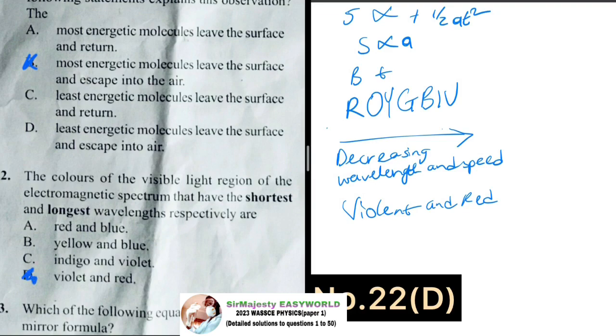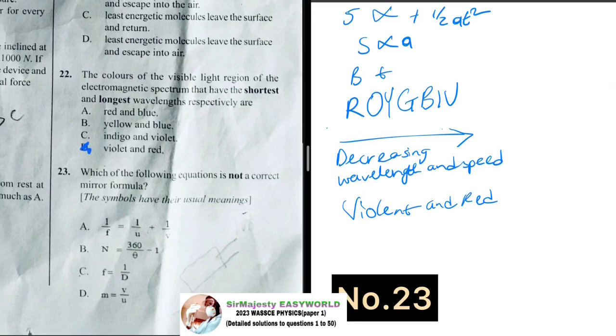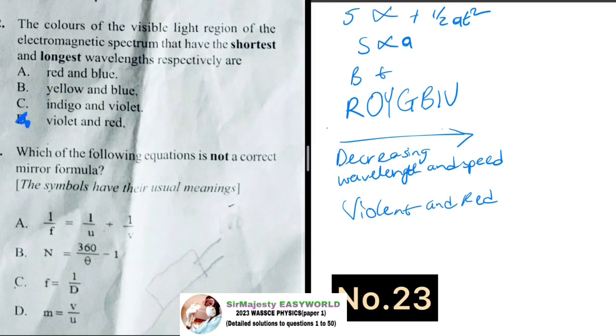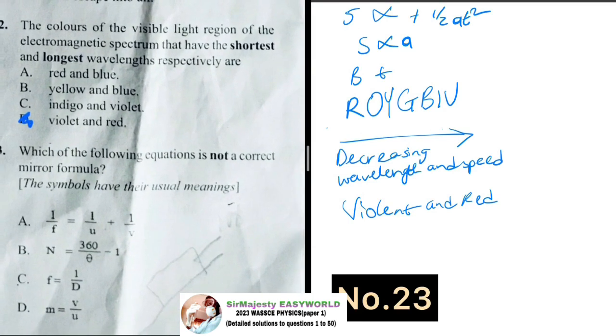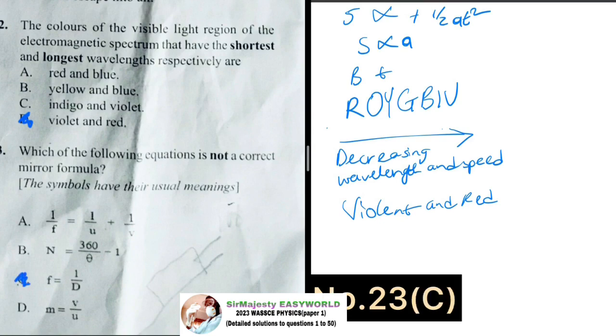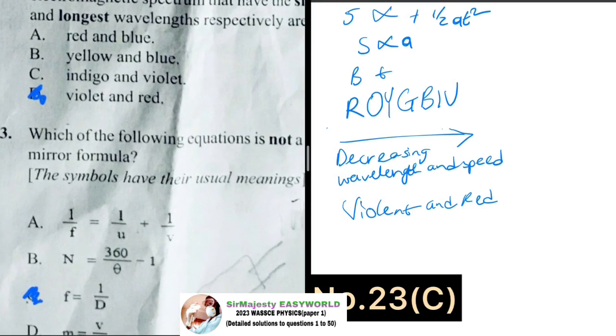So the next question is, which of the following equations is not a correct mirror formula? The correct answer here is C, because these other formulas can be applied in a mirror, but this one only goes for lenses. So here we have 1 over f is equal to 1 over u plus 1 over v. f is the focal length, while u is the distance of the object to the mirror, while v is the distance of the image to the mirror.